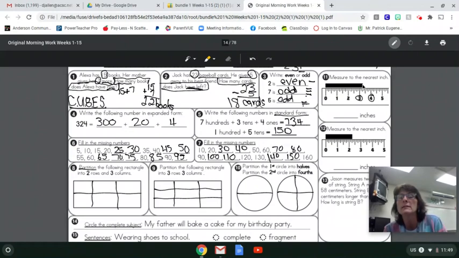And I can see this is closer if I pull it down here to the 3 than the 4, so I'm going to put a 3 in there. Same thing over here. I have 2 and I have 3 that it's between, and it's closest to the 2. So it is 2 inches.